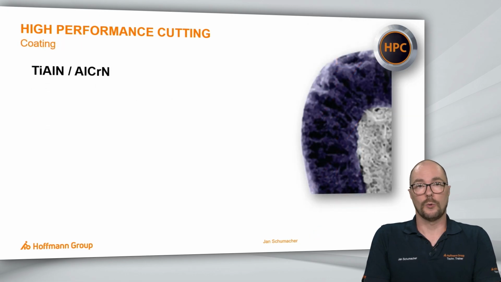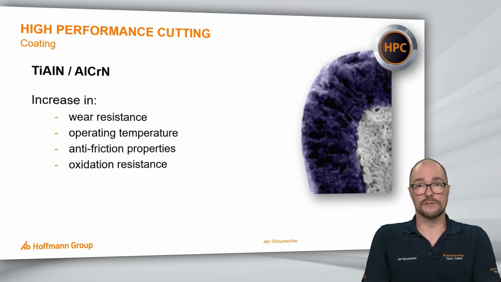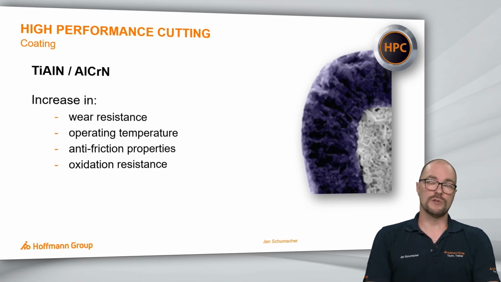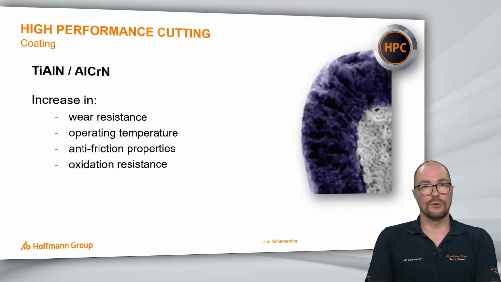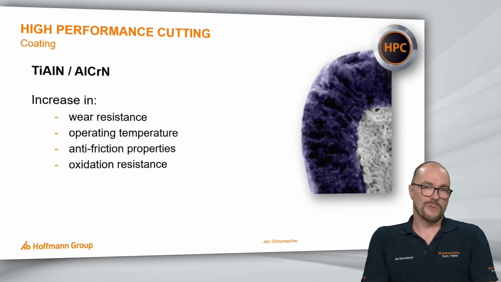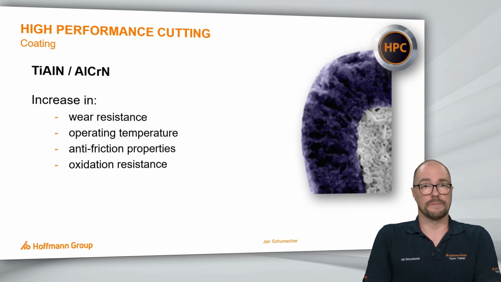Next up, we have coating. Coating, of course, is a wide field of technology. Here, for example, a typical HPC tool used for machining steel is usually coated with titanium aluminum nitride or aluminium chrome nitride. What we want to achieve with that is an increase in wear resistance as well as operating temperatures.